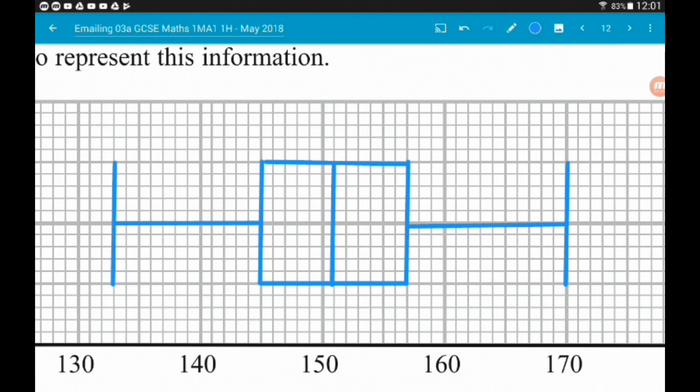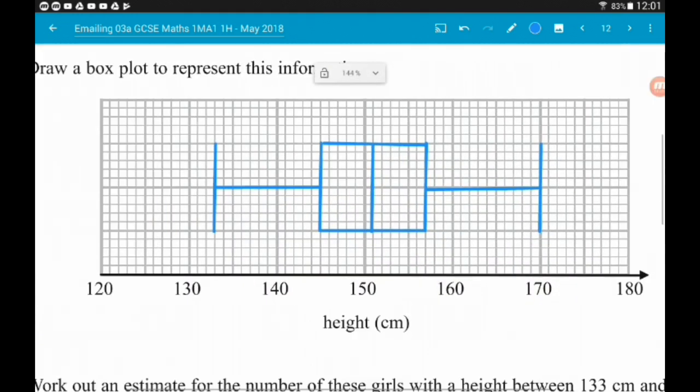The first vertical line on the left is the least height. Then the next vertical line is the lower quartile. The next is the median. The next is the upper quartile. So you draw a box connecting the lower and upper quartiles, and then that final vertical line on the right is the greatest height. So we get 3 marks for that. That's quite nice.